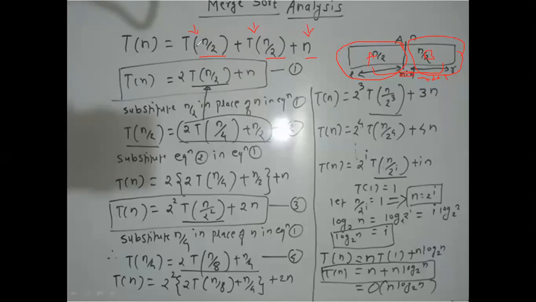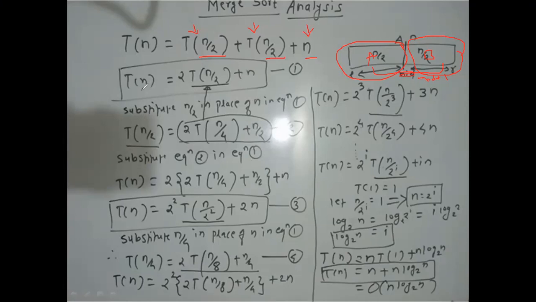So simply by using the recurrence relation, instead of n we substitute the value n by 2. So we recursively solve this equation in this way.